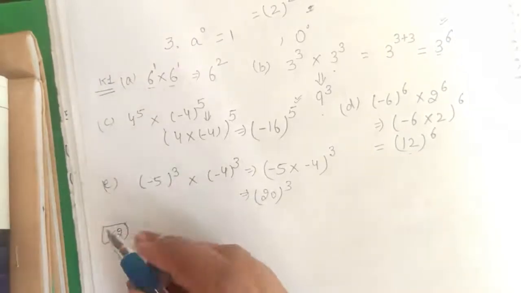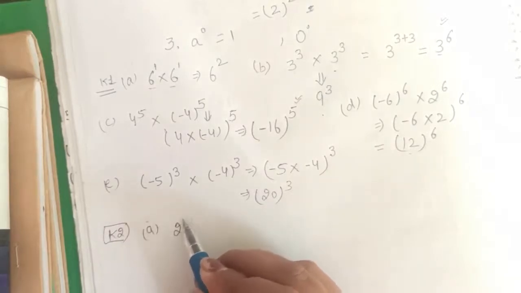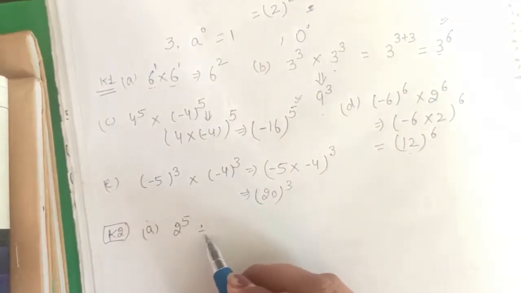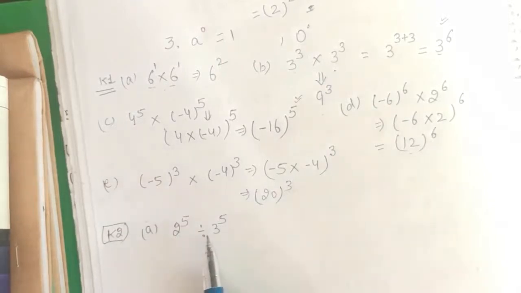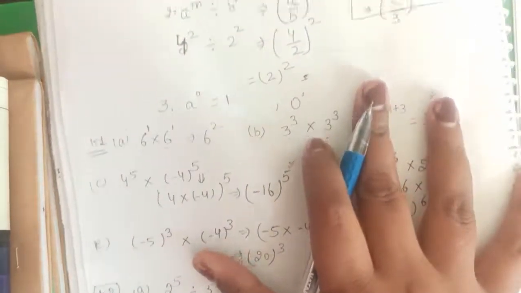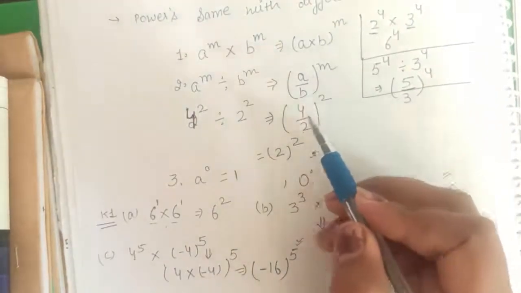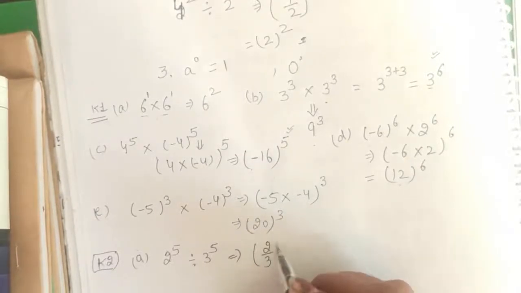Right? Like A part, 2 the power 5 divide by 3 the power 5. Base is different. So how we will write it? Like this. A by B the power m. 2 by 3 the power 5.